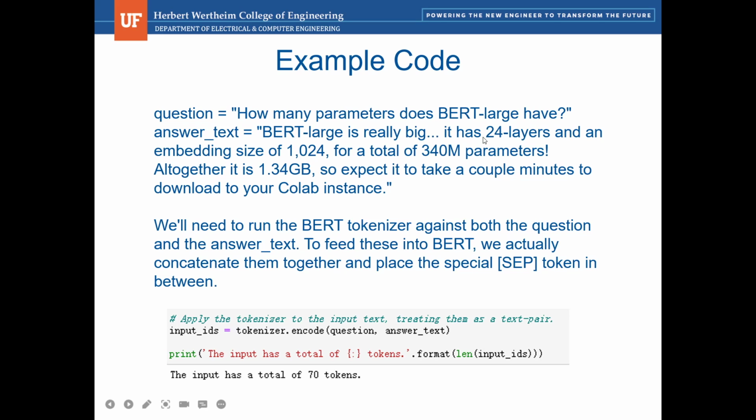It has 24 layers and an embedding size of 1024 for a total of 340M parameters. Although it is 1.34 GB, so expect it to take a couple of minutes to download to your Colab instance.